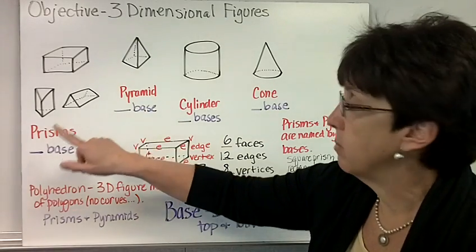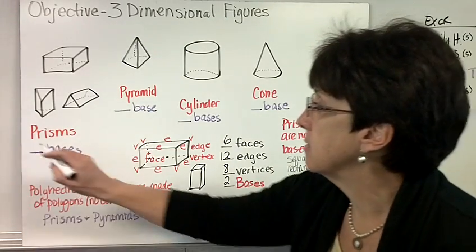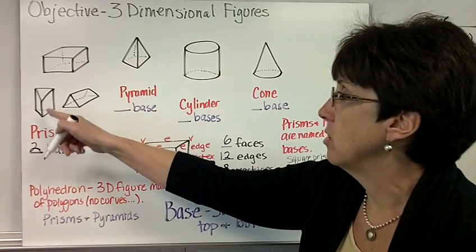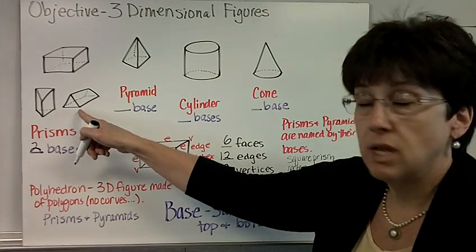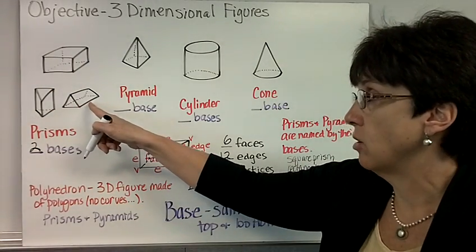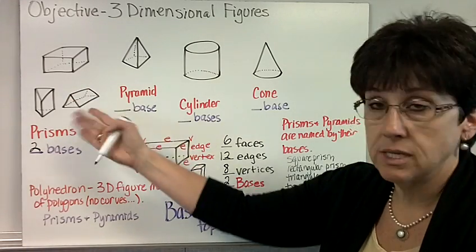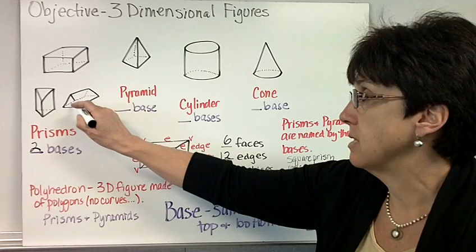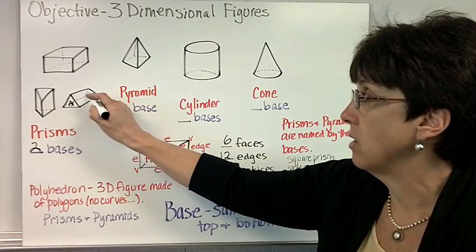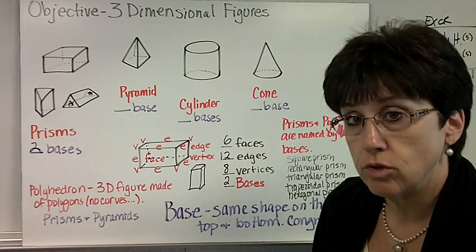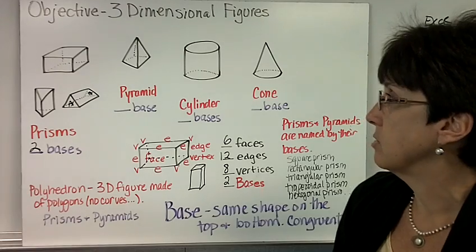So here's what's tricky about these. Prisms have 2 bases. You can see it here, you can see it here, the same shape. But on this one, the base is not a rectangle because what's on top of that is an edge. They've flipped this sideways. The base is this triangle and this triangle. So you have to be careful with your triangular prisms.